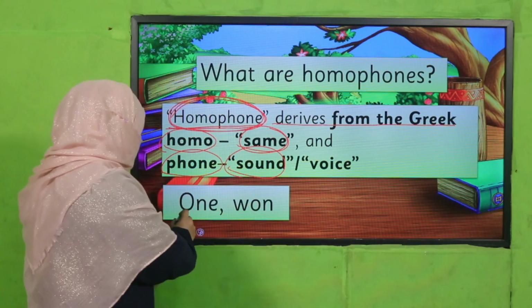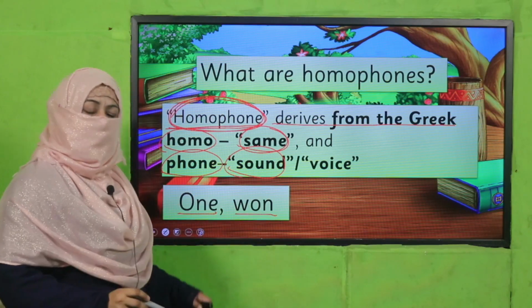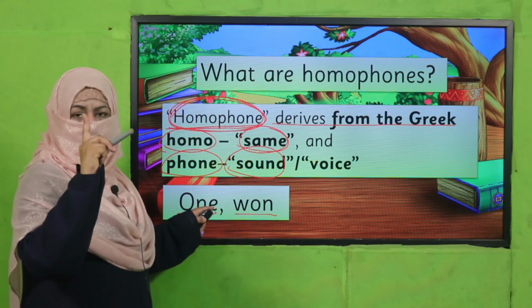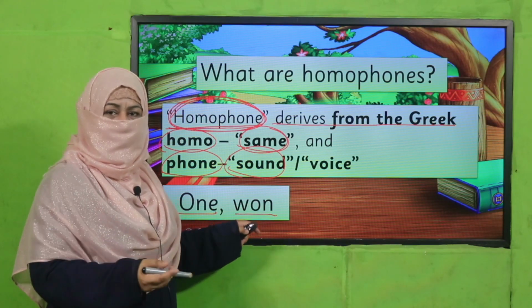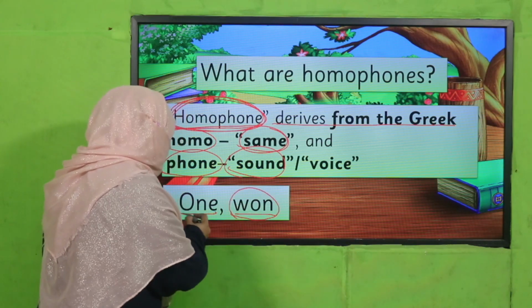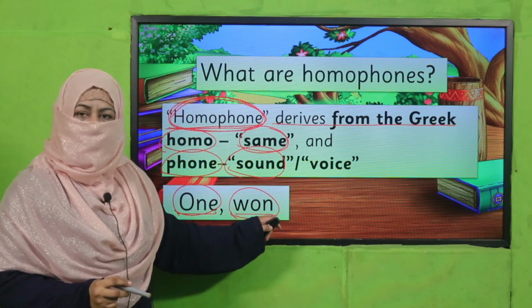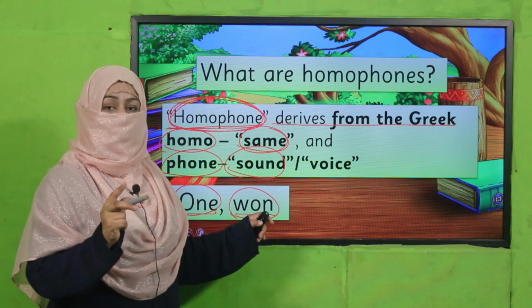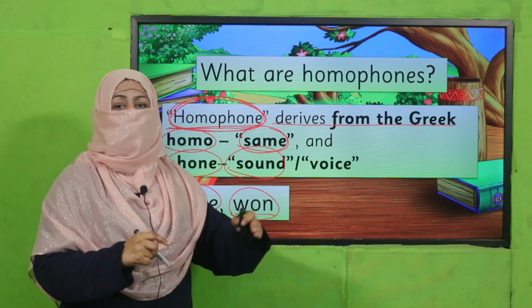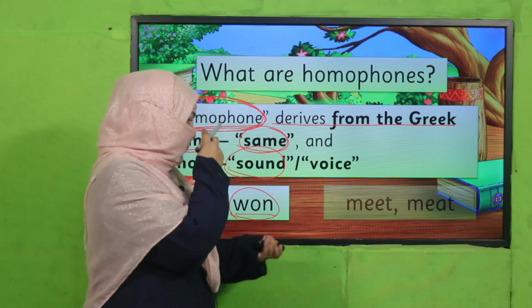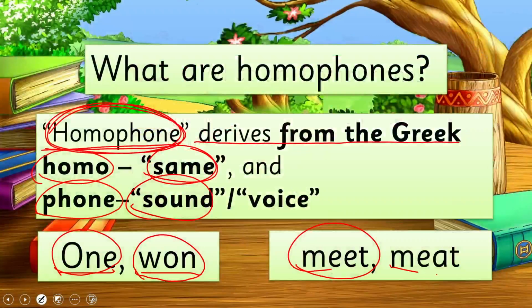The way we say one and won. We know this is O-N-E, one. That means one. And won means we won the match. Though we pronounce it the same, the spellings are different, and these are two different words with different meanings. So homophones have same sound but different meanings. Okay, meet and meat.